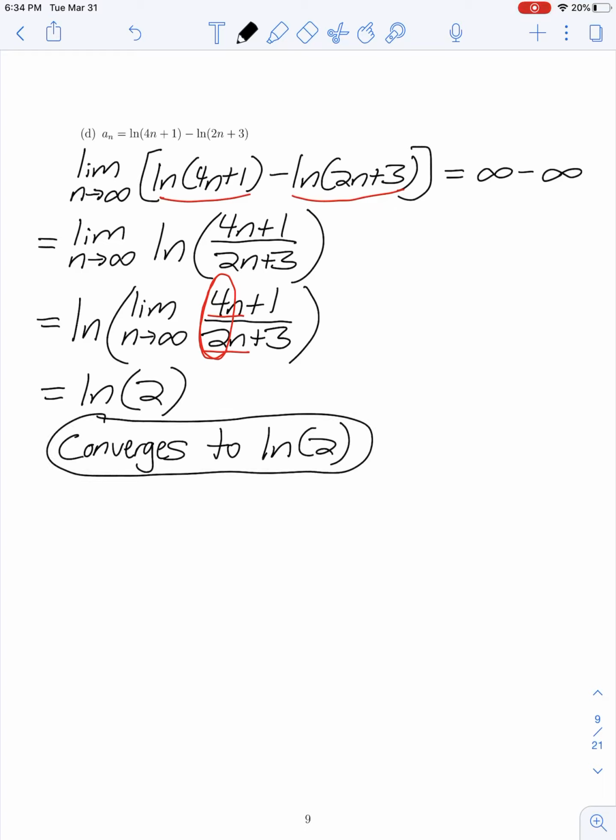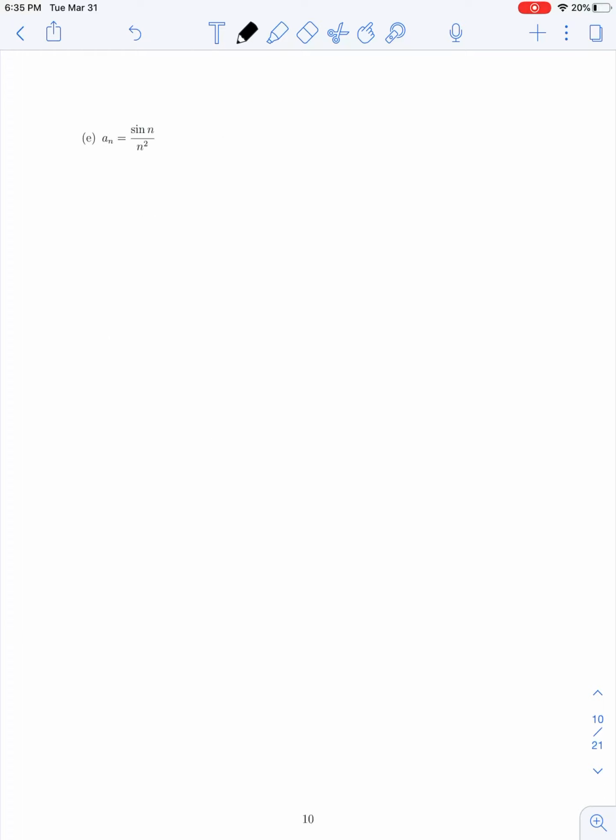So for this sequence, we would say that it converges to the value natural log of 2. So we may have to initially rewrite the general term of our sequence in a form that allows us to find its limit. So let's look at some other ones.